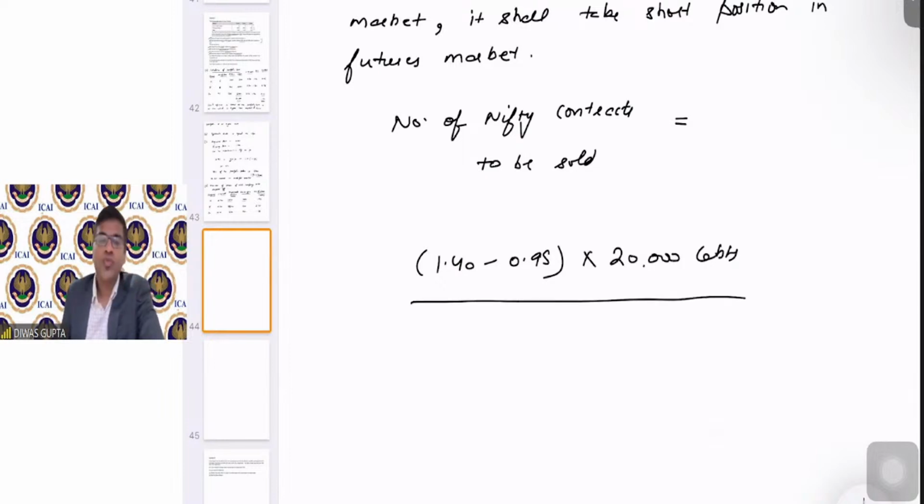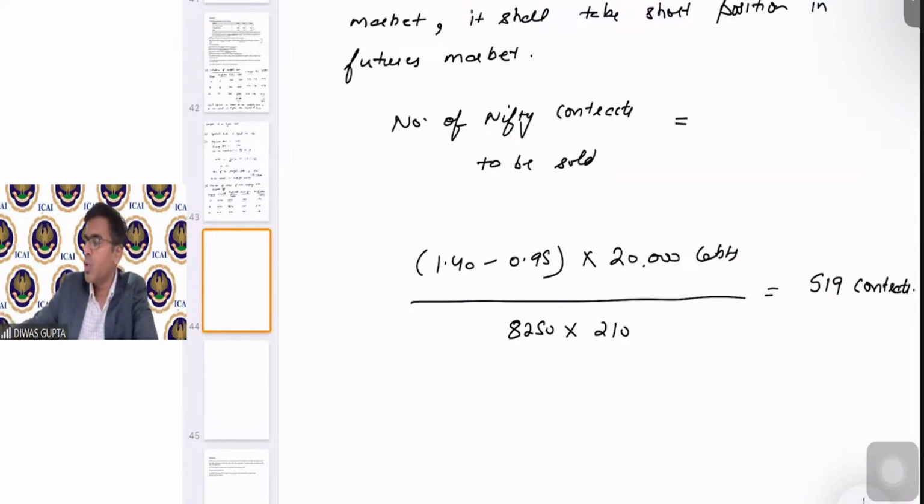This is the value of portfolio risk to be covered, because from 1.4 we have to bring it down to 0.95. And the value of Nifty future as of now is 8250 and the lot size is 210. So 210 is a multiple that they have said, but it's as good as a lot size. So we have to take 519 contracts to be short sold today.